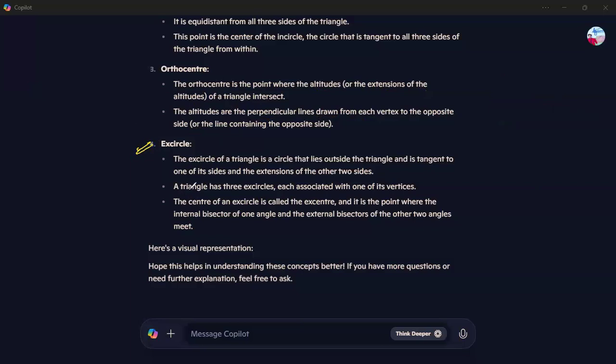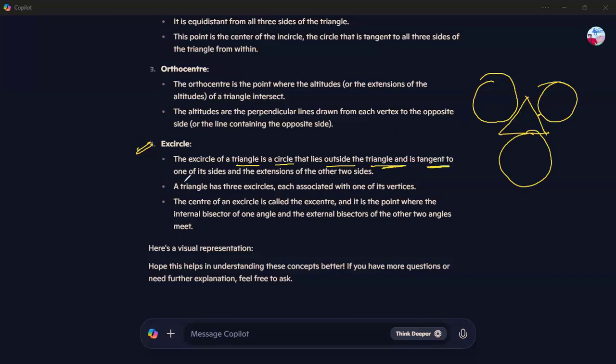Excircle. It is simple. Let's say there's a triangle here, and if we draw a circle touching this side only once, these are basically excircles. The excircle of a triangle is a circle that lies outside the triangle and is tangent to one of its sides and to the extensions of the other two sides.